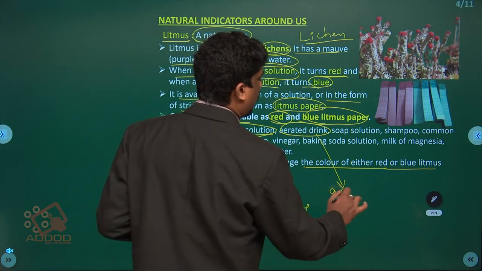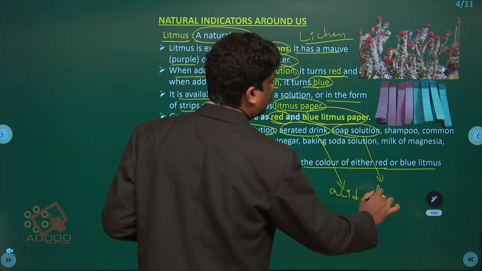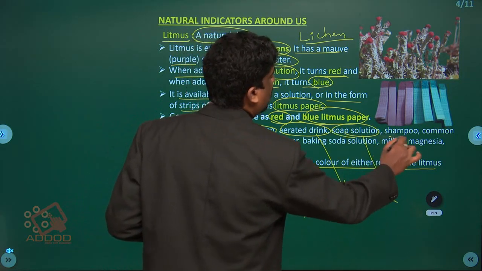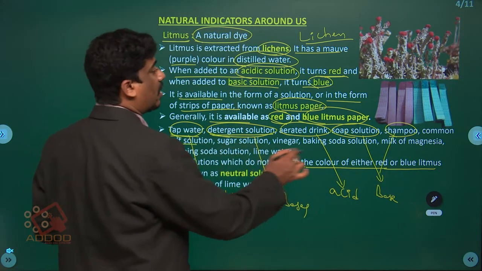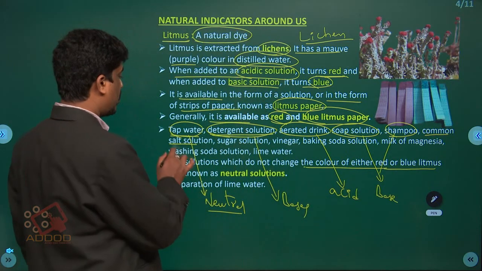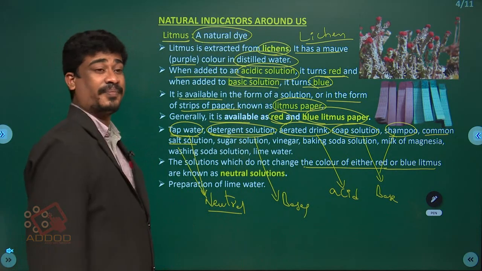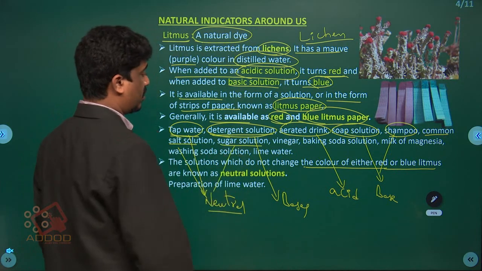Soap solution is basic in nature. Shampoo is also basic in nature. Common salt solution is a neutral solution. Sugar solution is also an example of neutral.